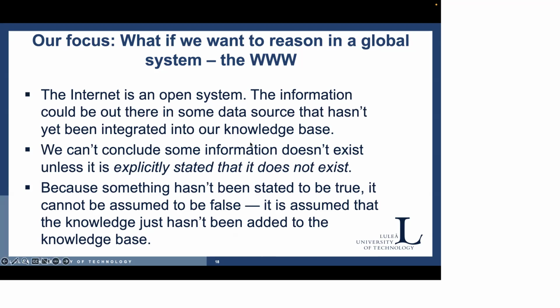And such systems we call open systems. What we can assume here is that if some information doesn't exist, it doesn't mean that it is false. Eventually it will come along.